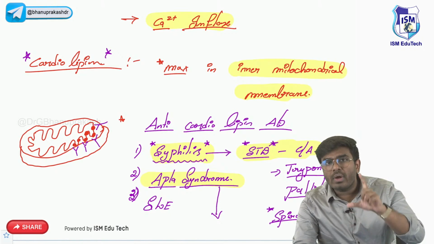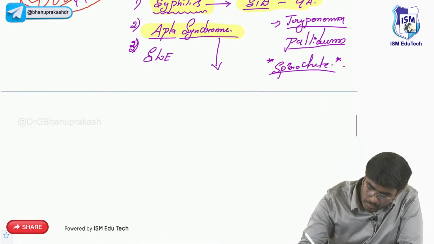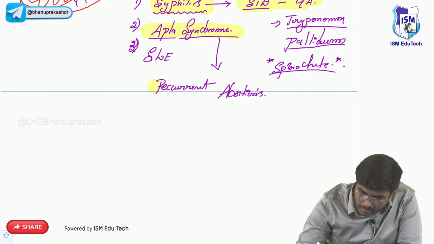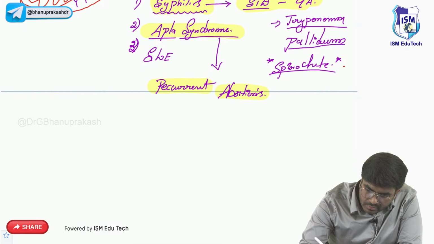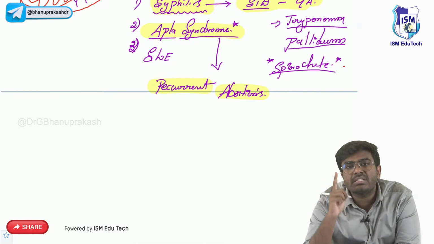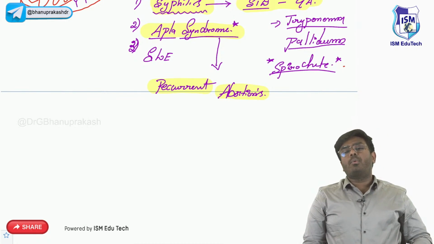Those females who have this syndrome will have recurrent abortions. So for your entire medical career, the moment you hear the word APLA syndrome, the first thing that strikes your mind is recurrent abortions.